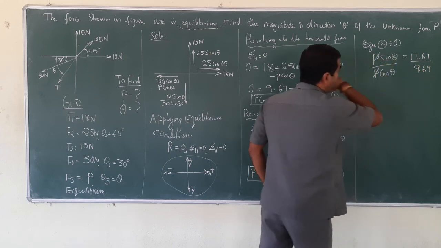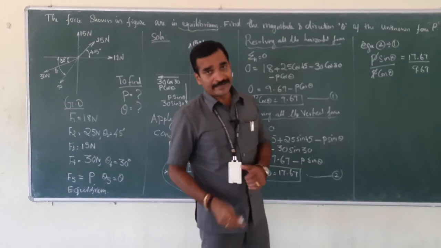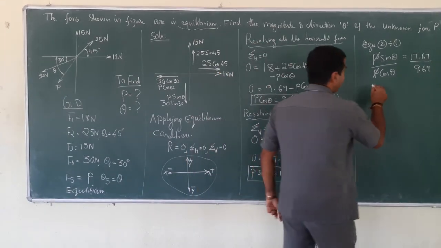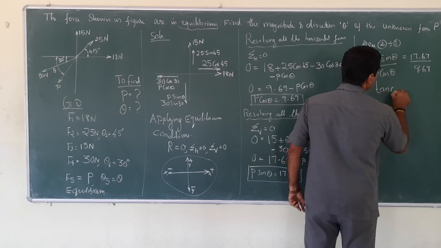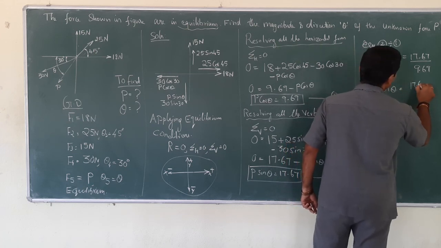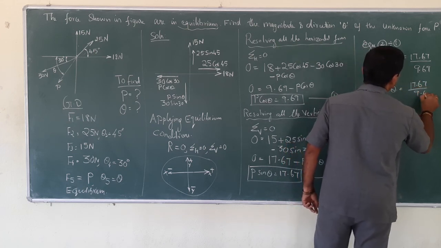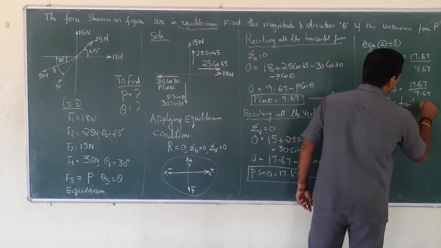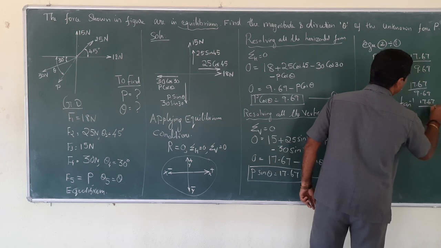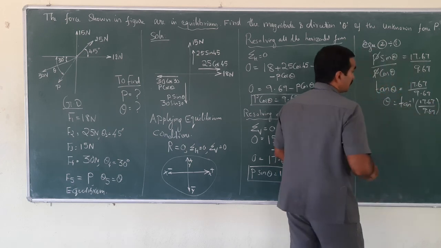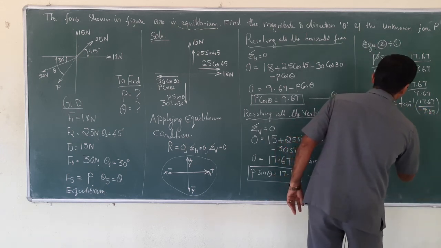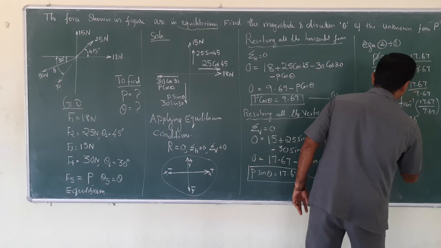I can cancel P by P. As far as trigonometry is concerned, tan theta is sin by cos. So tan theta equal to 17.67 by 9.69. So theta equal to tan inverse of 17.67 divided by 9.69. If you feed this value in the calculator, you will get theta equal to 61.26 degrees.